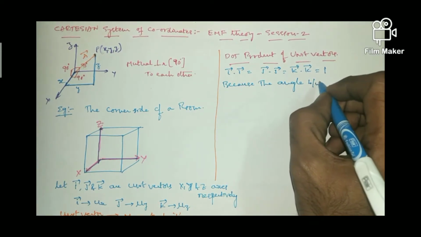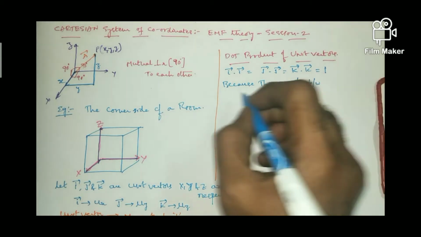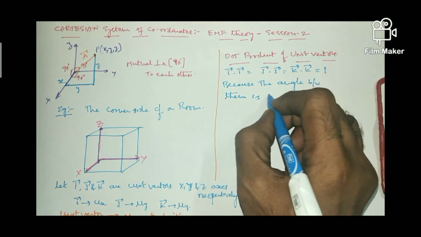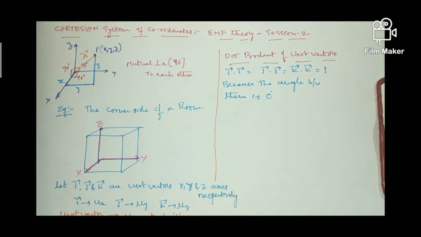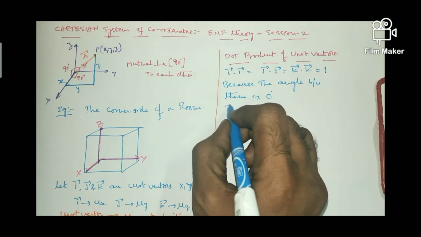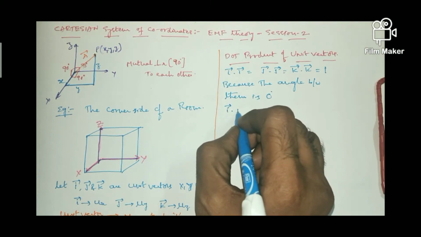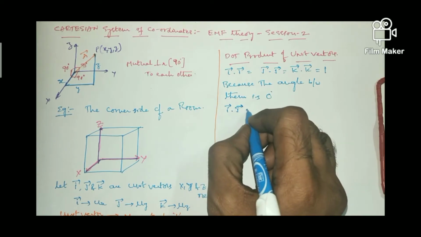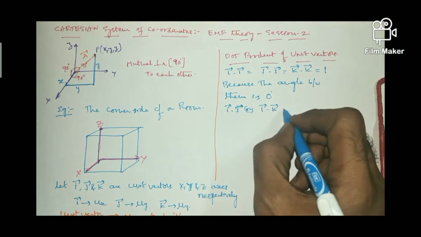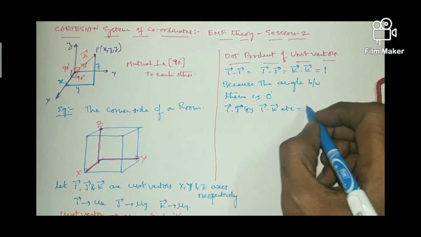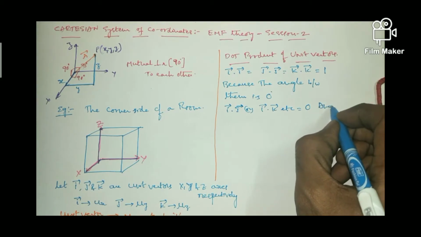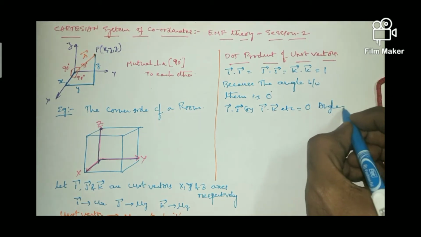If you consider the dot product of any different unit vectors like i bar dot j bar or j bar dot k bar, etc., its magnitude will be equal to 0, because the angle between them will be 90 degrees and cos 90 is equal to 0.